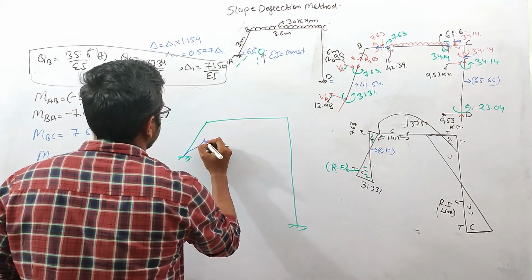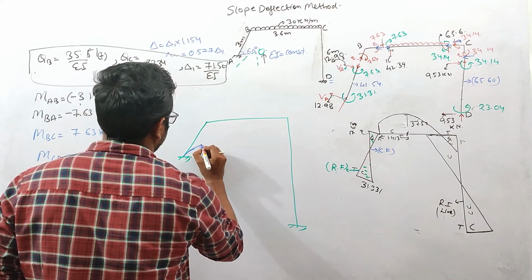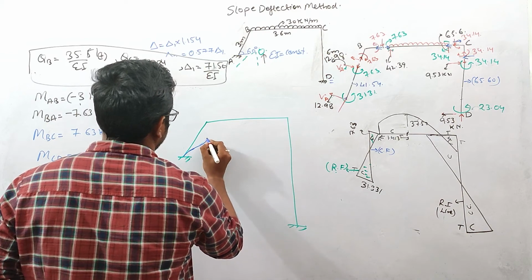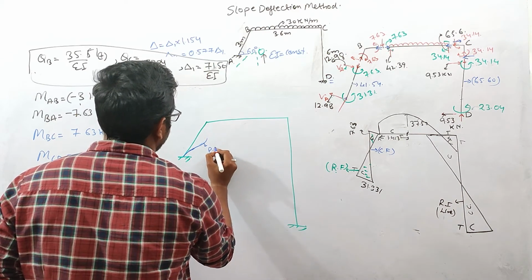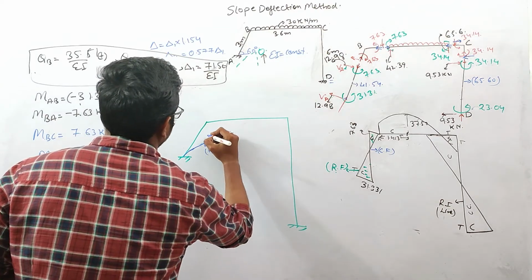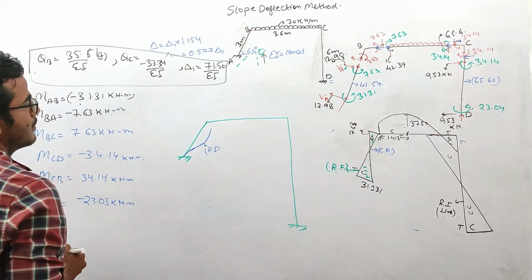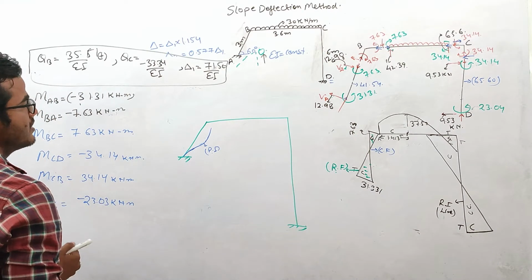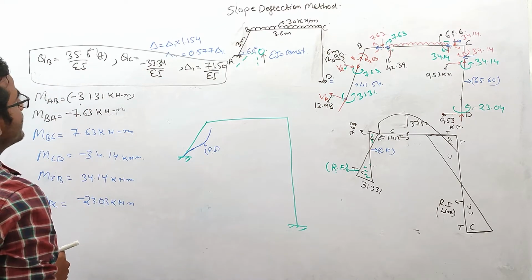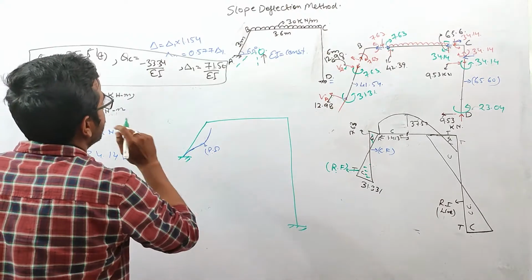There will be some point of contraflexure. In the deflection diagram, it will be the point of inflection. So at this point also there will be compression, and theta B is clockwise. And delta, which we have calculated, is delta 1.